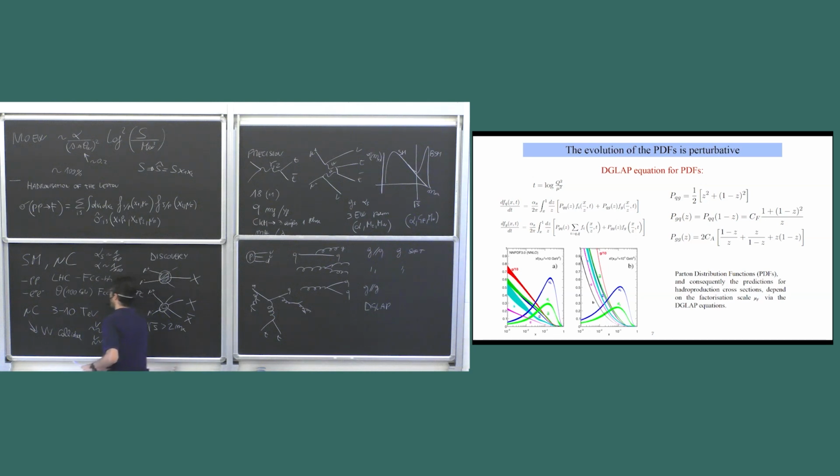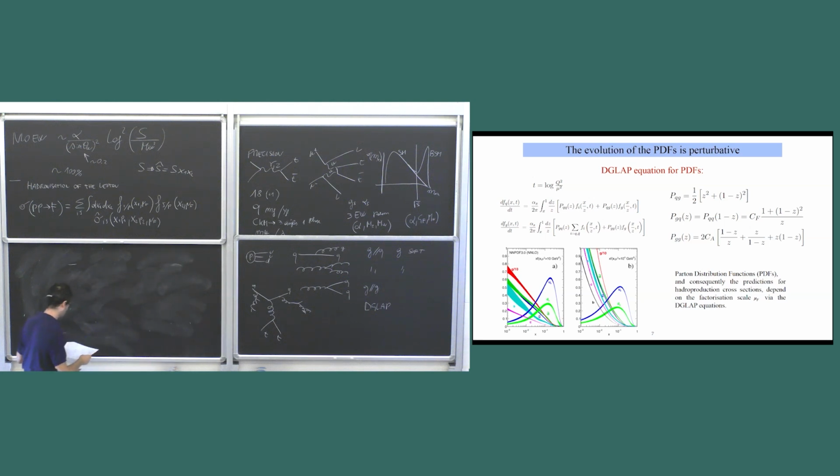So you rewrite this equation in terms of what are called luminosities, okay? Not the luminosity of the collider, but the parton luminosity, these are called.